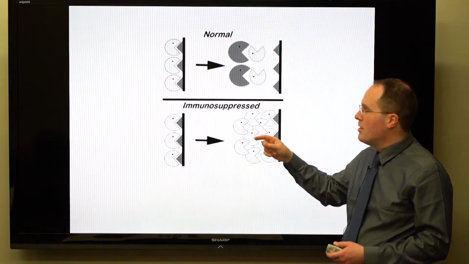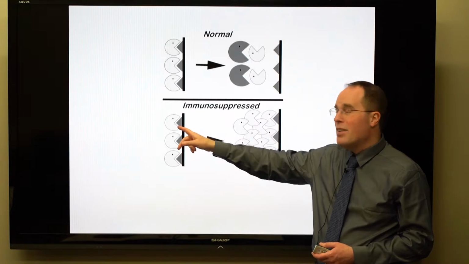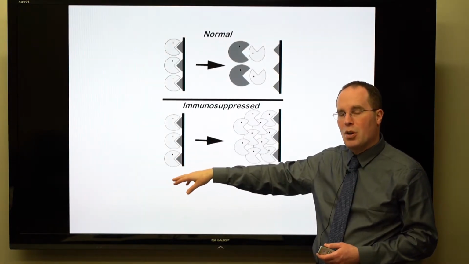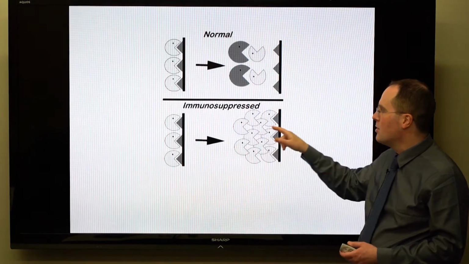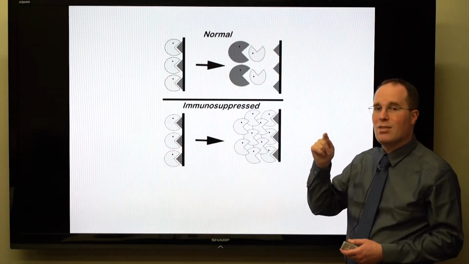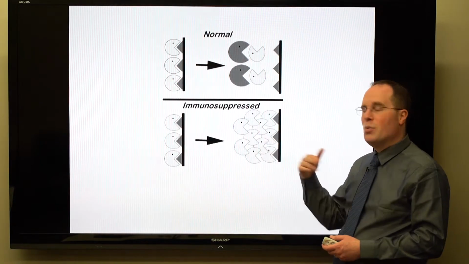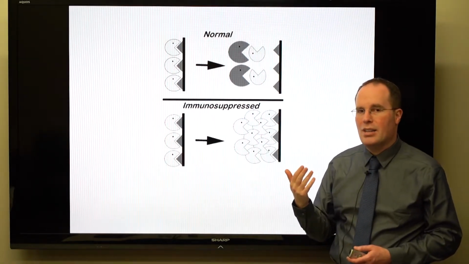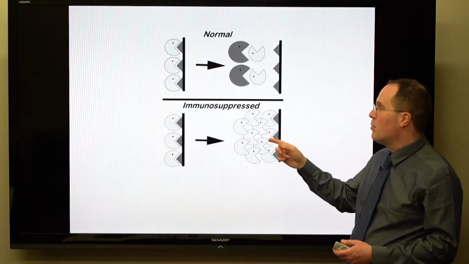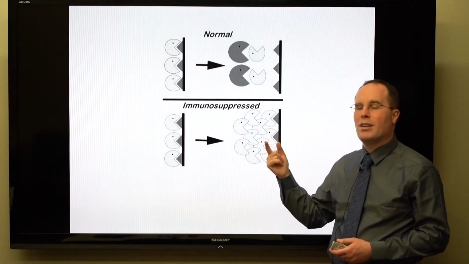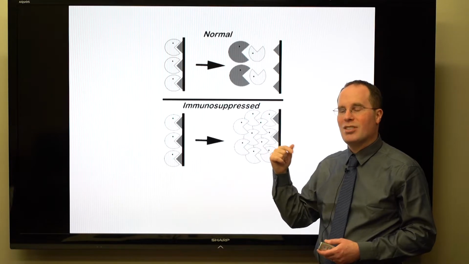In an immunosuppressed patient, you still have in the donor unit these little Pac-Man T cells that can recognize your antigens as foreign, and assuming they have not been irradiated, these T cells can proliferate. And so their army has a larger size than your army.